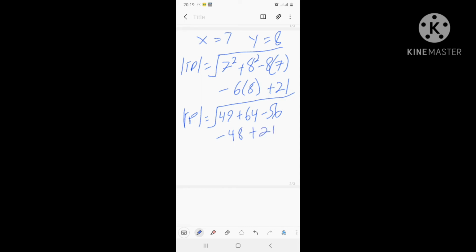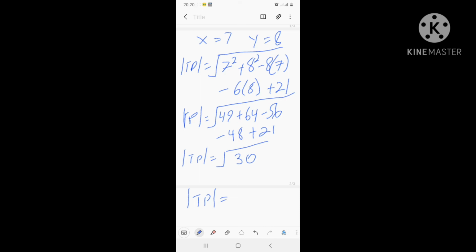So the length TP will be equal to the square root of 49 minus 48, that gives us 1, plus 64 is 65, minus 56 is 9, plus 21 is 30. So the square root of 30 is the length TP. What is the square root of 30?